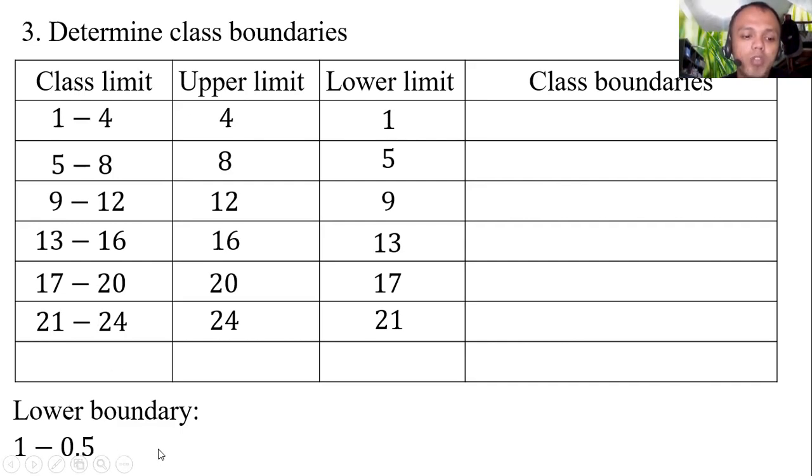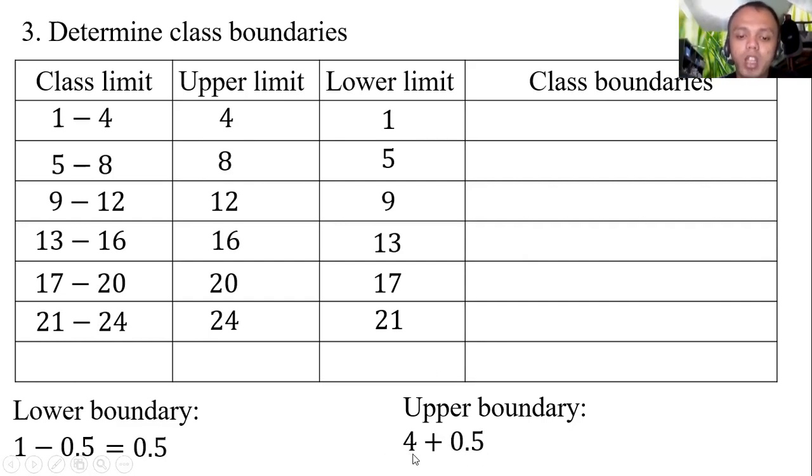Subtract natin by 0.5, that would be equal to 0.5. For upper boundary naman, instead of subtracting it, i-add natin 0.5 doon sa upper limit. 4 plus 0.5 is 4.5. We have 0.5 to 4.5. Dito sa lower limit, nag-subtract tayo ng 0.5, dito nag-add ng 0.5.